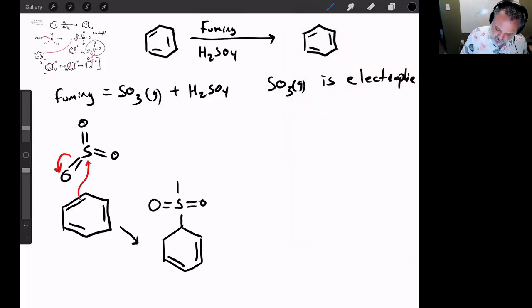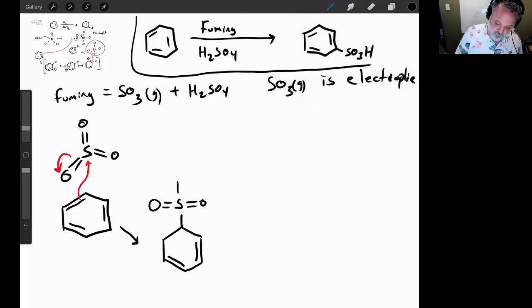Oops, I didn't finish the reaction over here. That's the product that we're working towards. So here's the basic reaction. Benzene with fuming H2SO4 produces the sulfonated benzene. SO3H is the group that is attached.